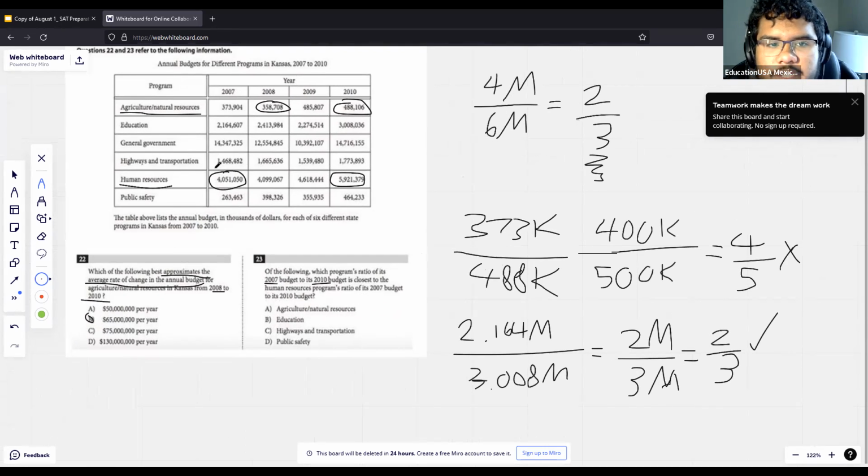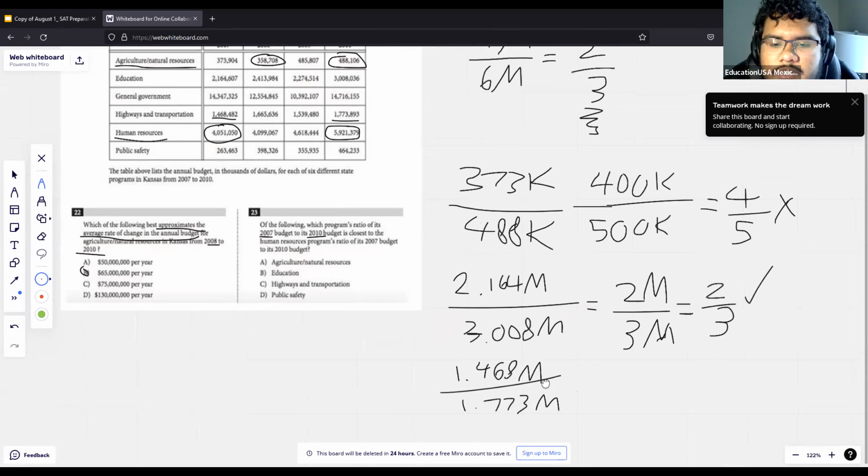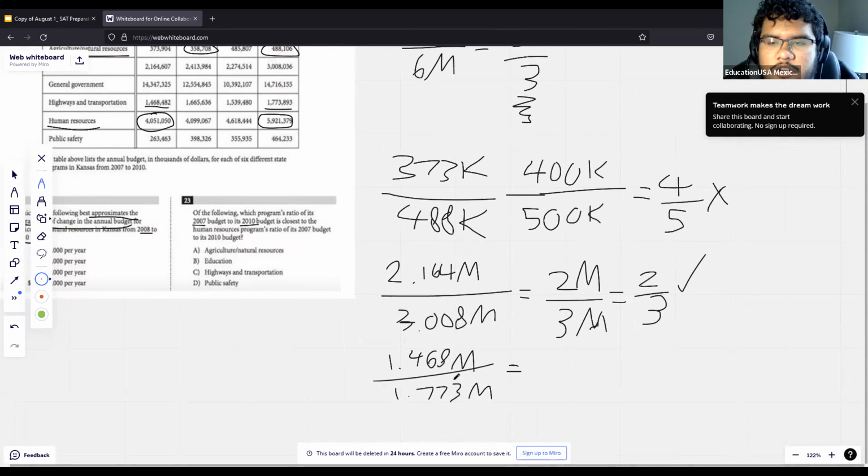So for highways and transportation, we have 1.468 million and 1.773 million. The first one, the top one here, we can't really round up, because we can only round it up if it's 1.5 million or more.